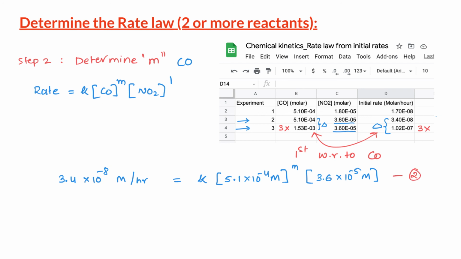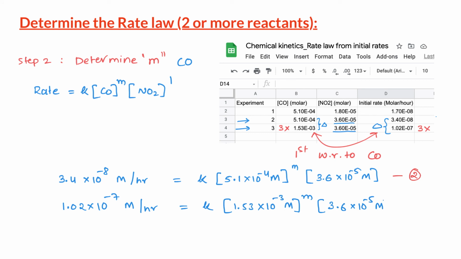Next, let us substitute the values of concentrations and rate from experiment 3. For experiment 3, the rate is 1.02 times 10 to the minus 7 molar per hour. The concentration of carbon monoxide is 1.53 times 10 to the minus 3 molar, and the concentration of NO2 is 3.6 times 10 to the minus 5 molar.